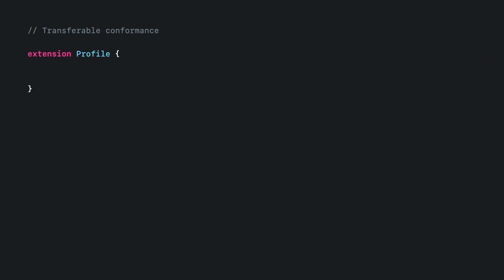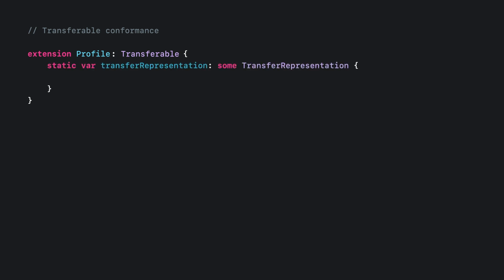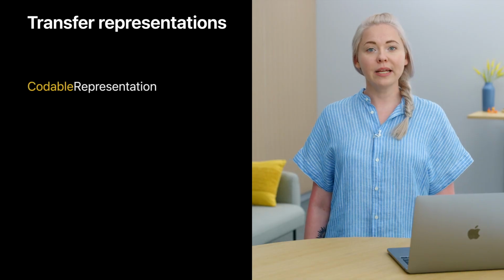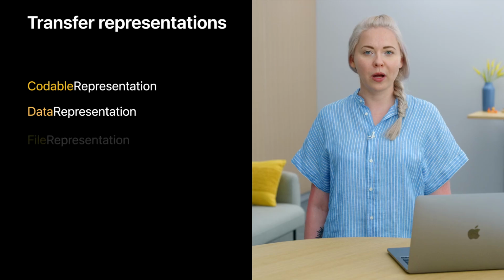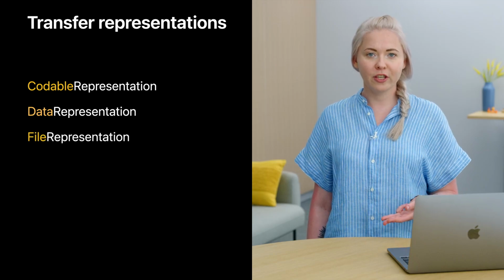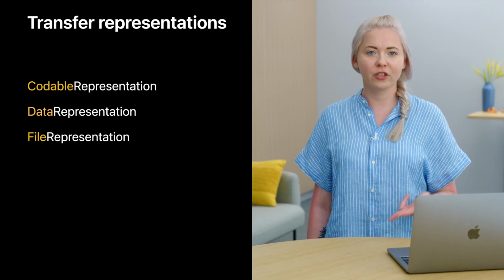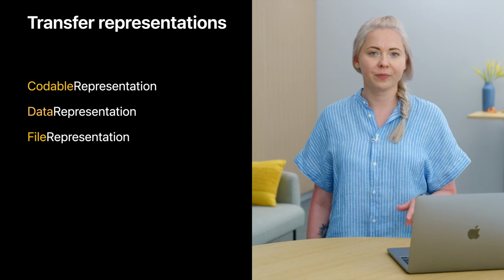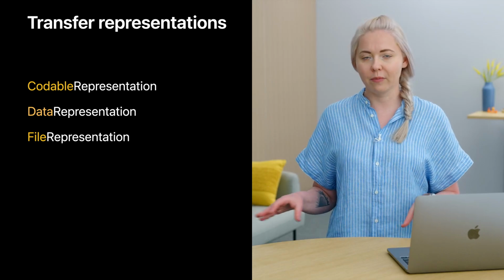To conform a type to Transferable, there is only one property to implement: transfer representation. It describes how the model is going to get transferred. There are 3 important representations to be aware of: codable representation, data representation, and file representation. We'll talk about each of them.